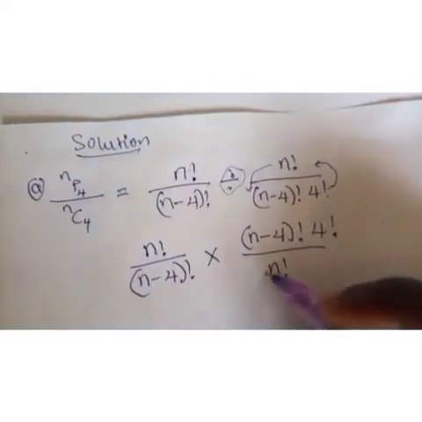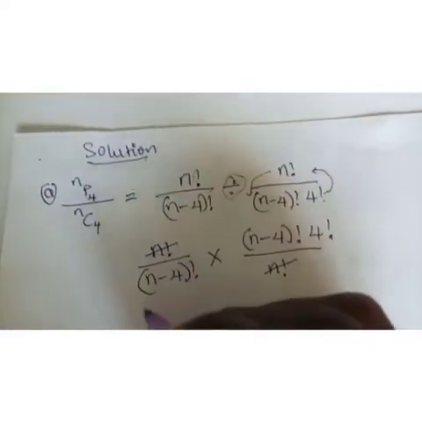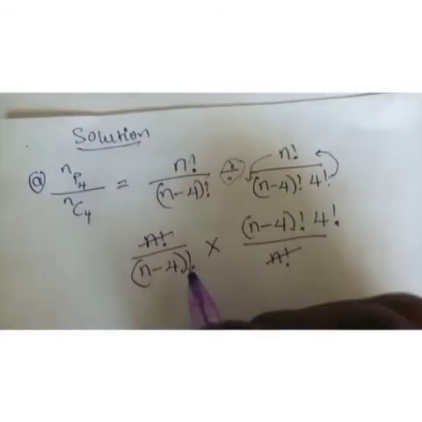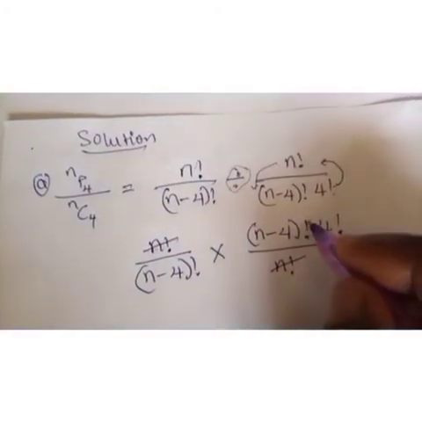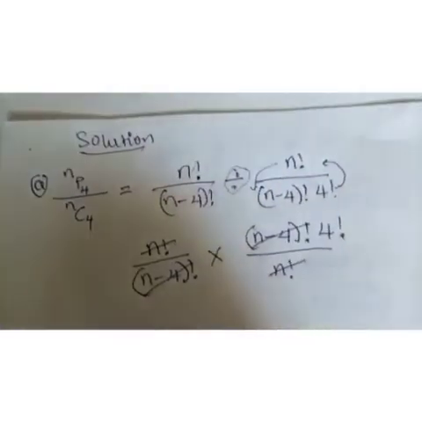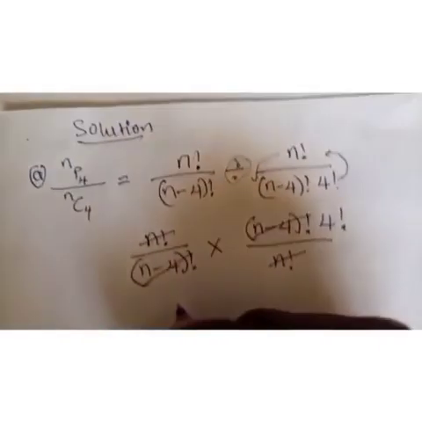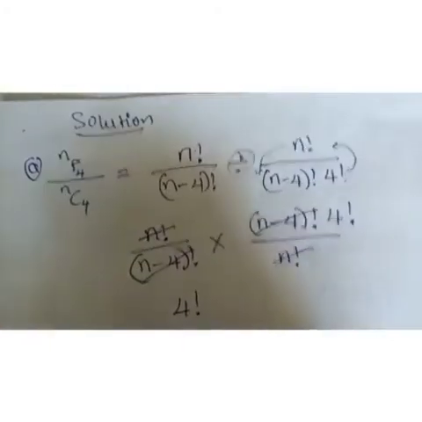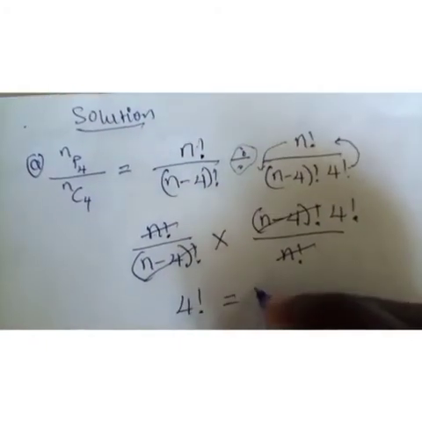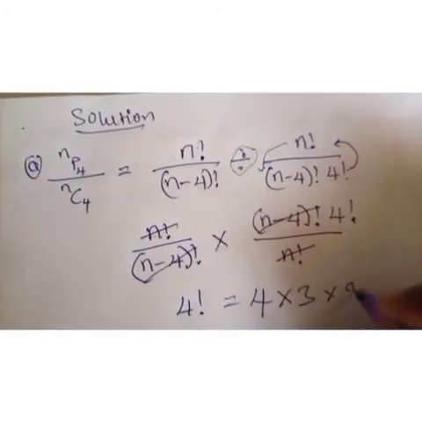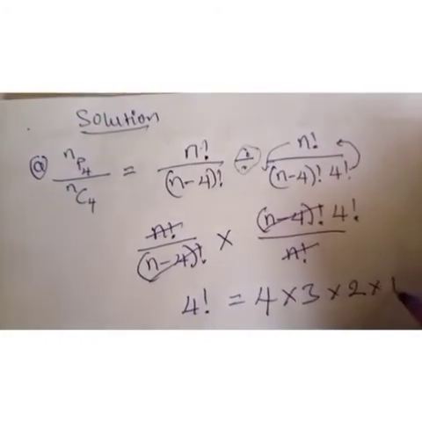So this n factorial will go with this n factorial. n minus 4 factorial will go with n minus 4 factorial. Then we are left with 4 factorial. And 4 factorial is 4 times 3 times 2 times 1.